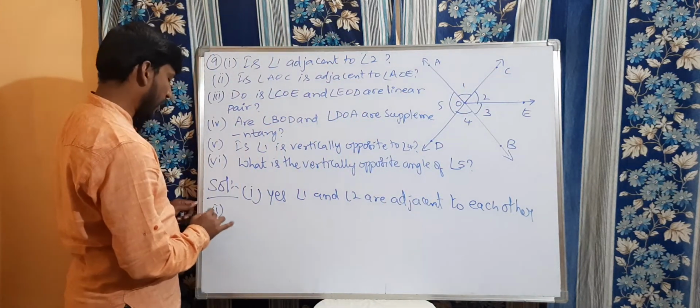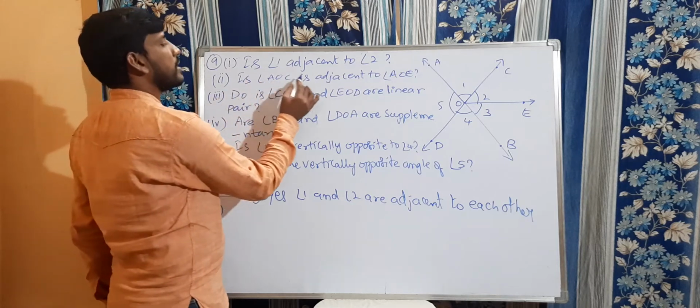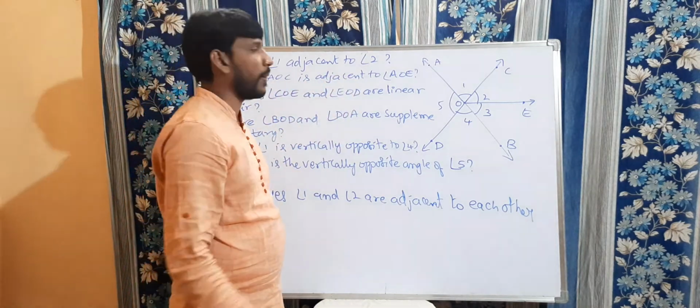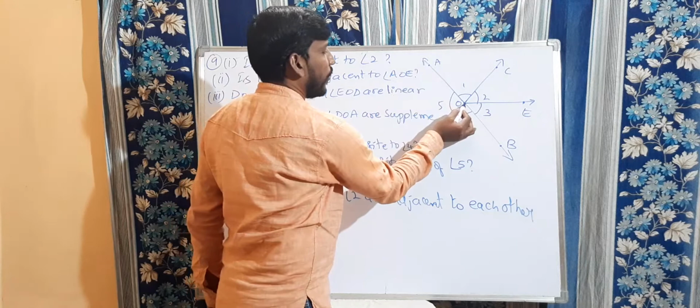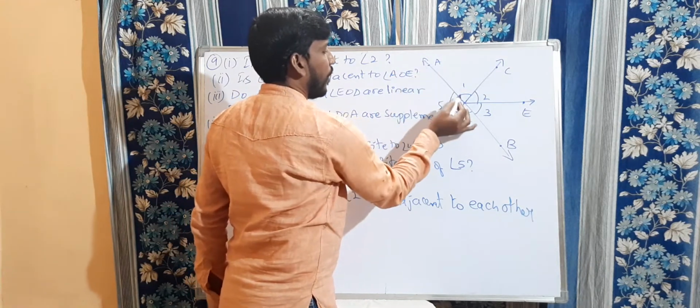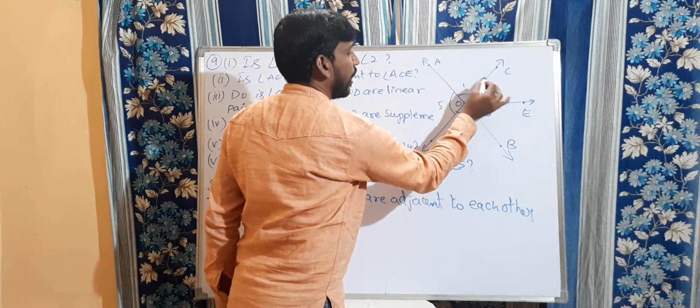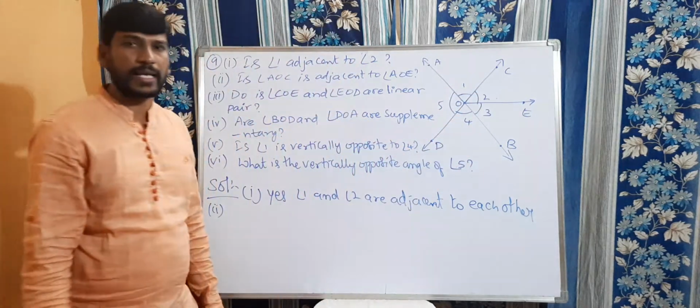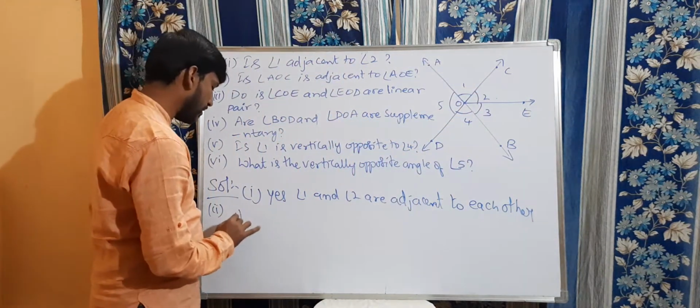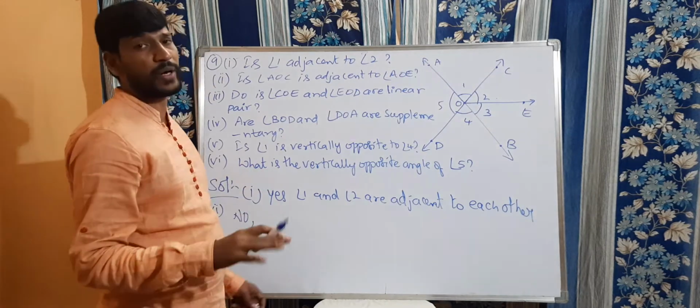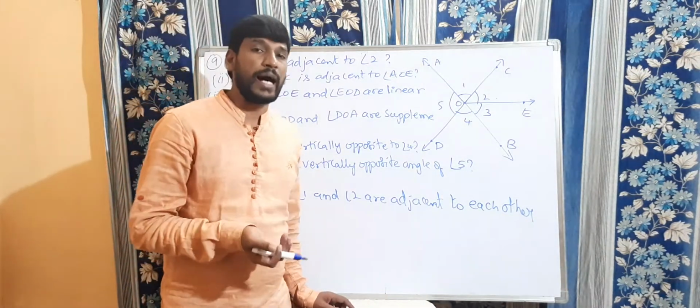Now coming to the second one. Is angle AOC adjacent to angle AOE? See this here, this part and this total part, are these two adjacent angles? No, because there is no common vertex, there is no common arm.